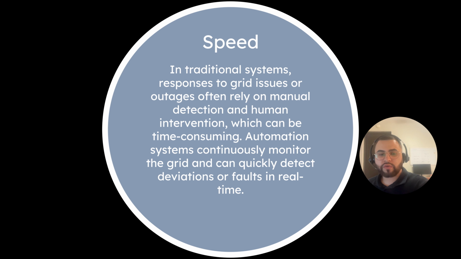As we move forward, we will delve deeper into the specific benefits and implications associated with adopting automation in electric grid systems. Understanding the advantages of automation is crucial for grasping how this system contributes to more responsive, reliable, and efficient grid management.